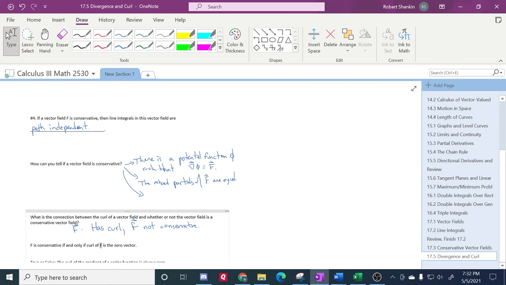And let's bold these. And I could even say curl, because when you do the curl, you get a vector. If the curl of F is the zero vector.